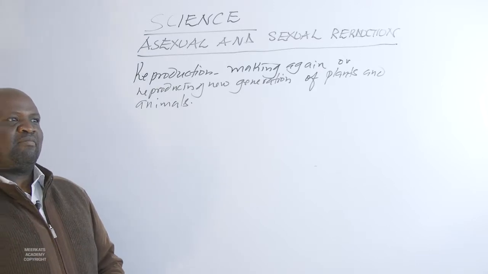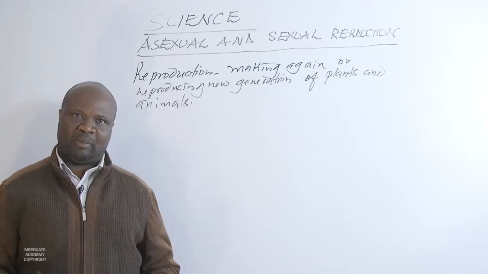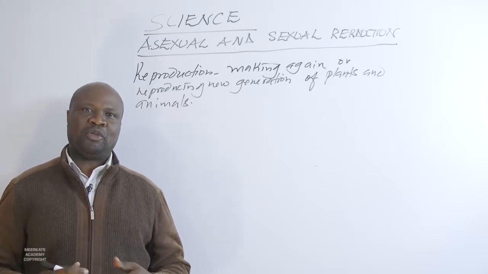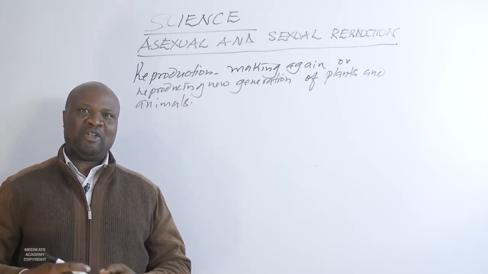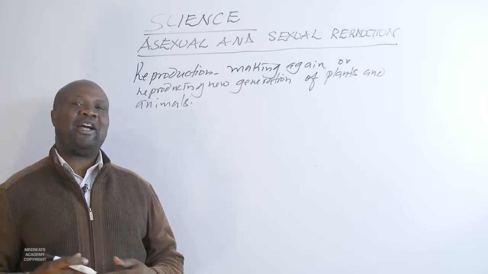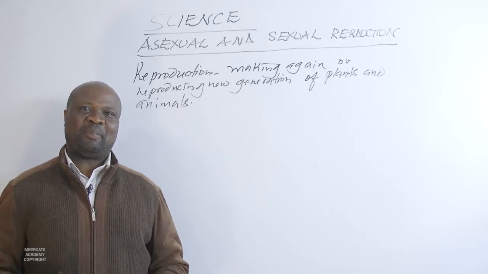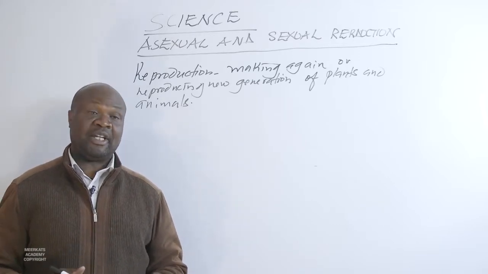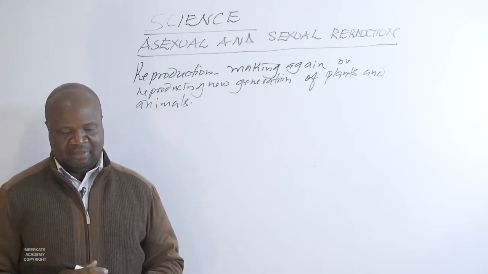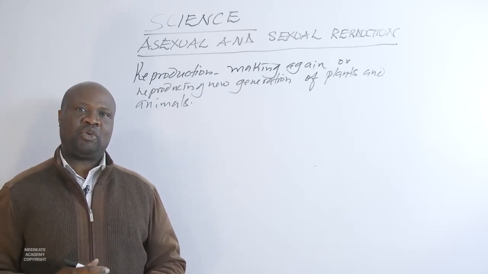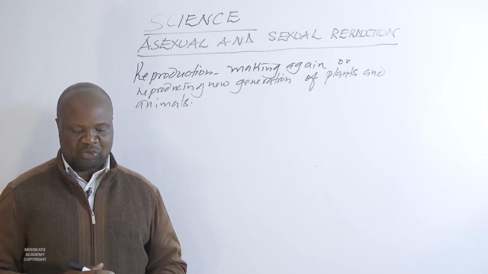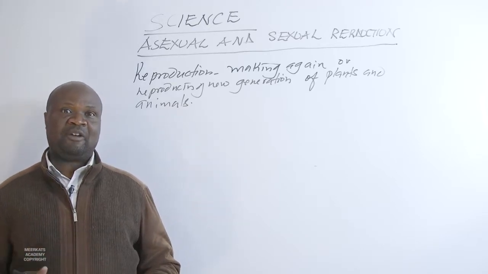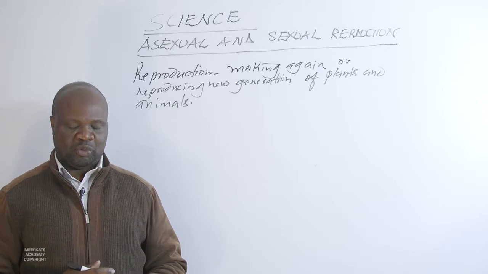So the method that plants and animals use to give forth to other new offsprings, then we say they are reproducing. These are simple facts. Then we have sexual reproduction and asexual reproduction.